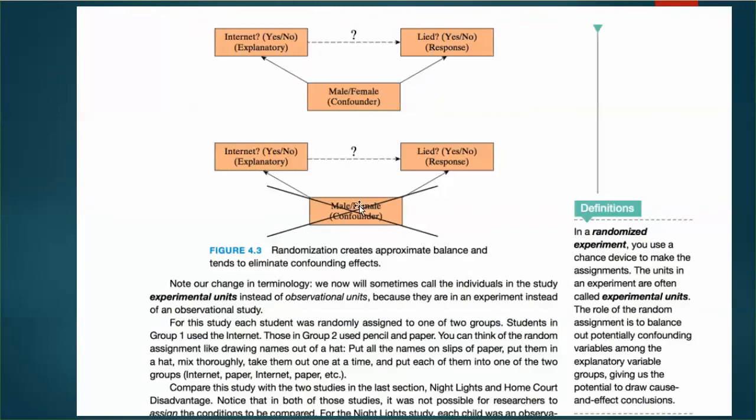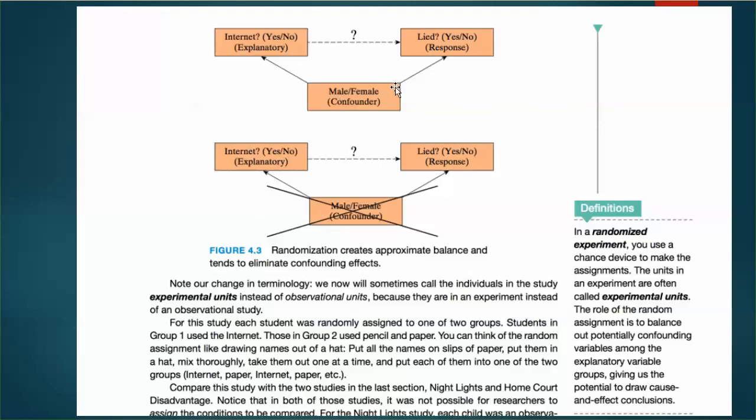All right. Here are some ideas with the randomization. If we get rid of the confounding variable, then we have a better chance at inferring whether they lied or not.